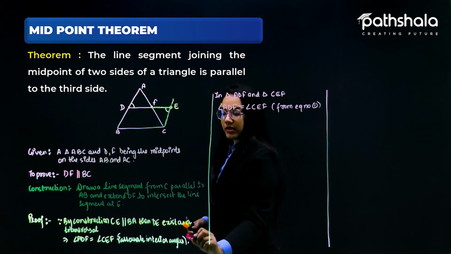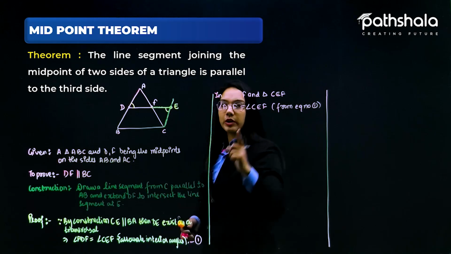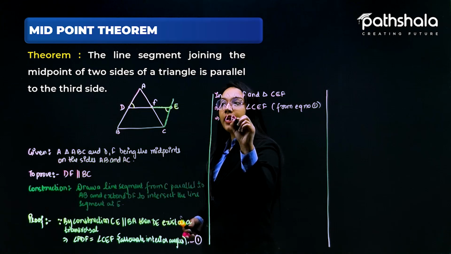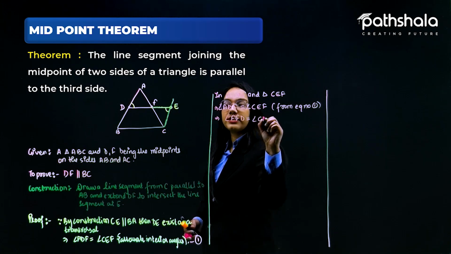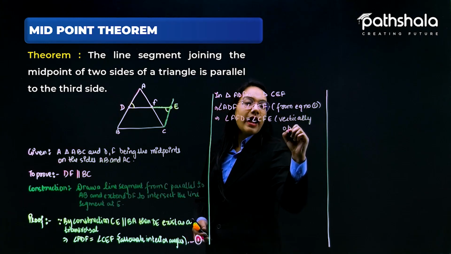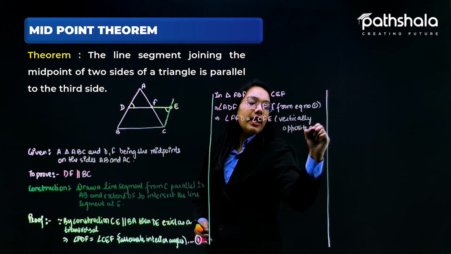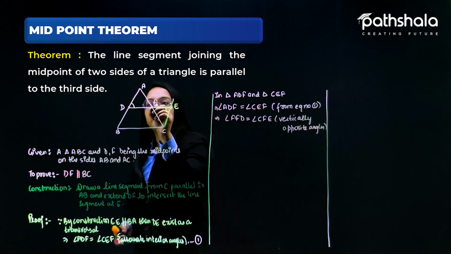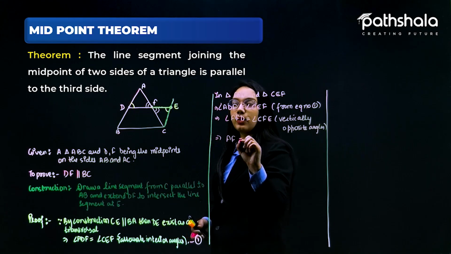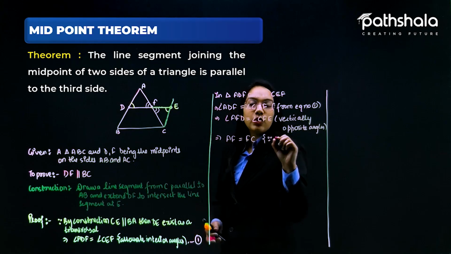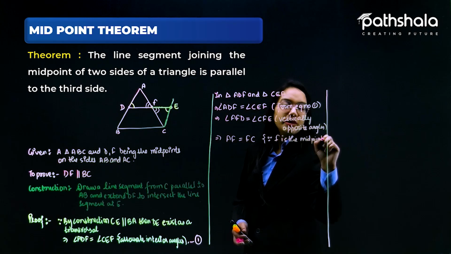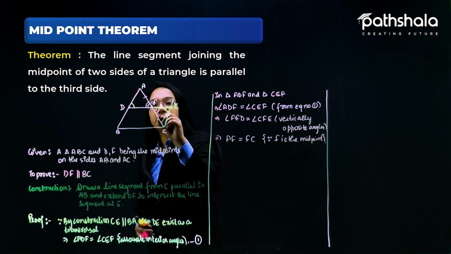Furthermore, angle AFD is equal to angle CFE, because they are a pair of vertically opposite angles. Also, AF is equal to FC, since F is the midpoint, so this side is equal to this side.